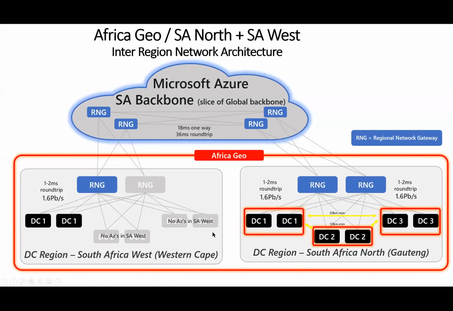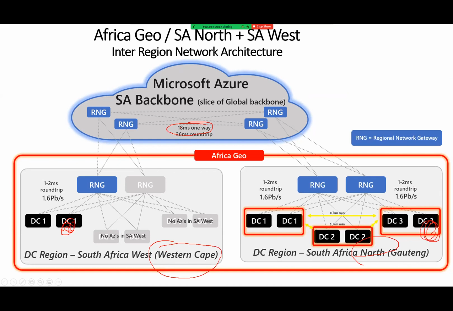Just to show you some timings and how distances influence this. Between Cape Town and Joburg, on the right-hand side, we've got South Africa North, which is Gauteng. On the left-hand side, Western Cape. You'll notice a one-way trip is about 18 milliseconds between SA North and SA West. If you have a DR and you run VMs in SA North in one of these DCs and you fail over to Cape Town, you then invoke 18 milliseconds.